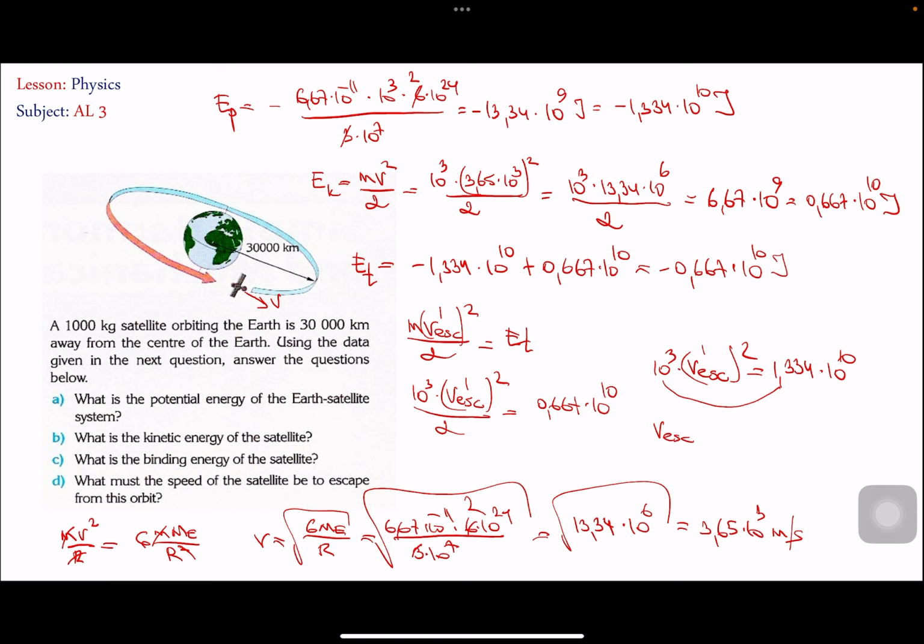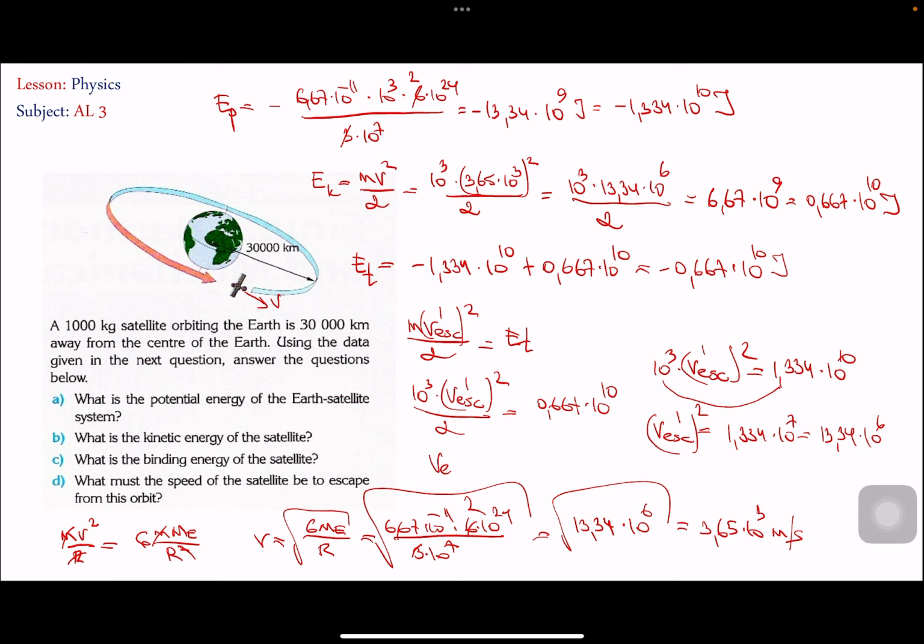So the escape speed prime squared will be equal to 1.334 times 10 to the power of 7. That 10 to the power of 7 is inconvenient, so I write it in terms of 6 instead: 13.34 times 10 to the power of 6.